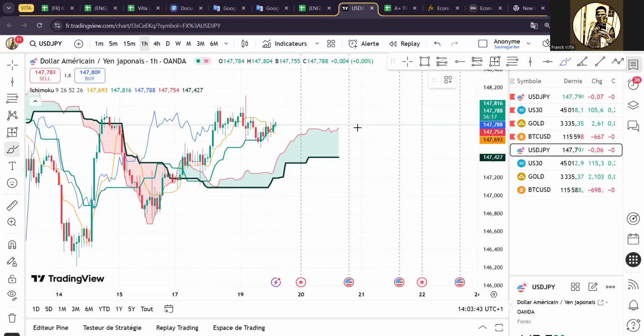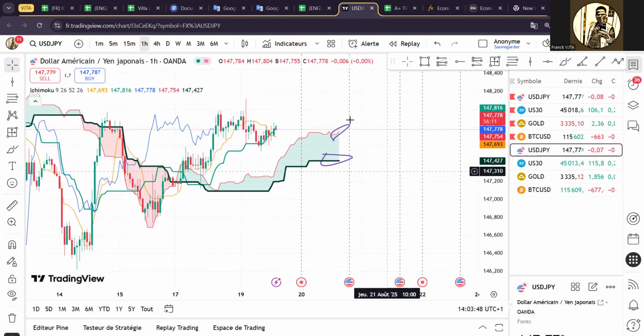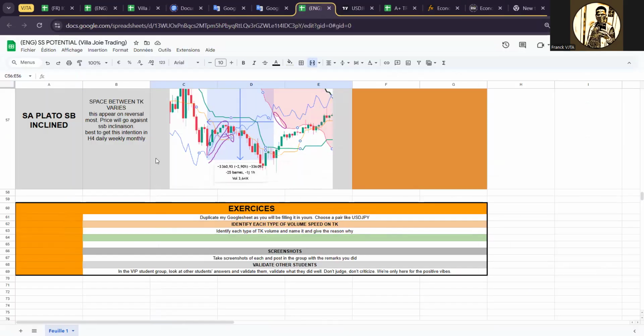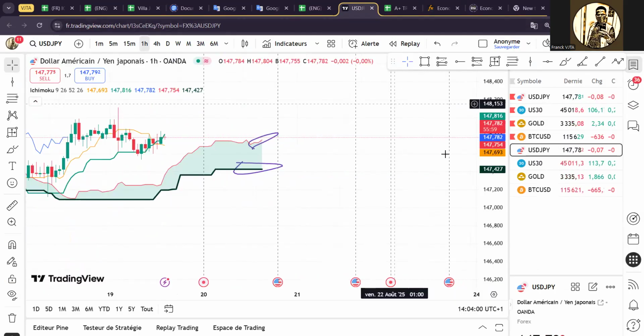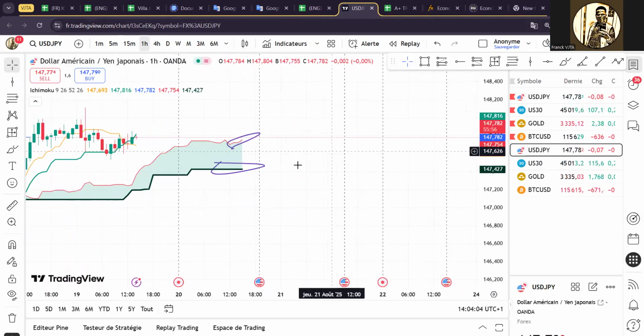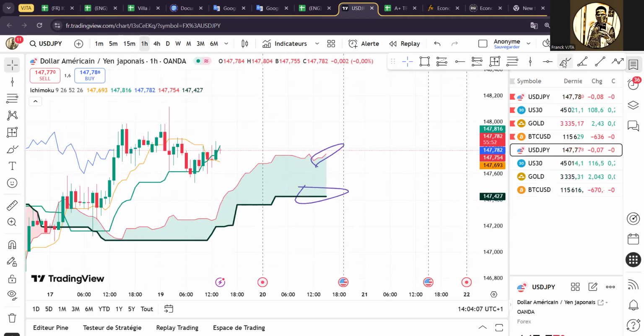You have SSA inclined to the upside and SSB plateau, right? What does that remind you? This one, right? When that happened, the candle must go toward SSB, right? That is why you see the candle displaying what?